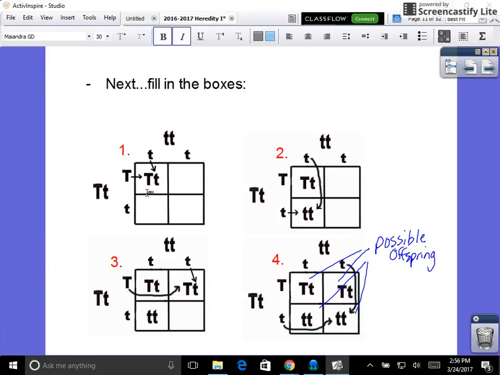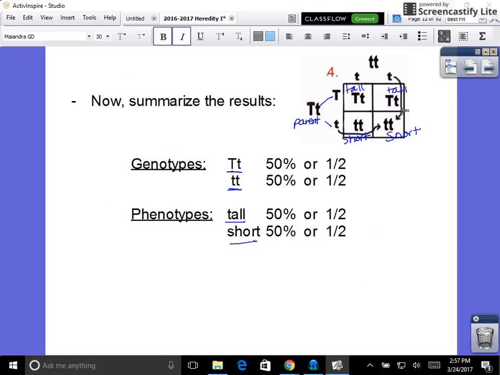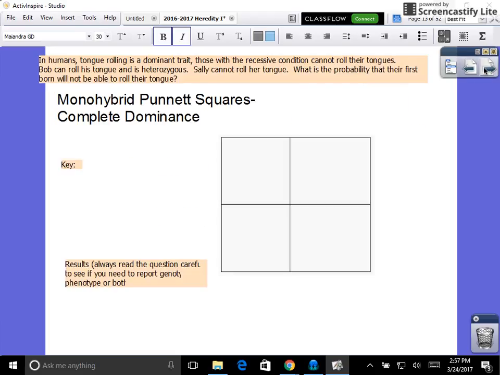Next, you fill in what the possible offspring could be, like what different ways could these gametes combine? What offspring could they create? You see down here at the end. And then the last step is to summarize the results. So if you look at it, say tall, short. So 50% are tall, 50% are short. But when we talk about genotypes, we're going to be using just the letters.